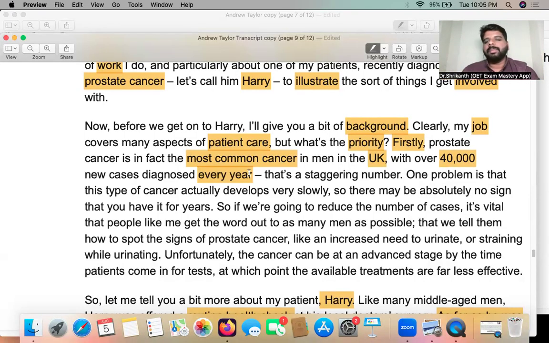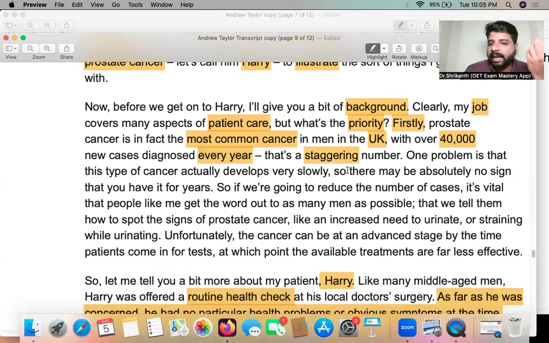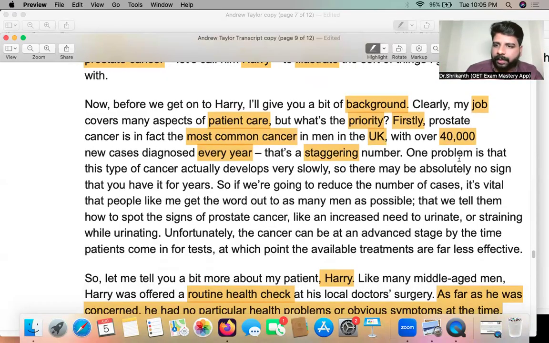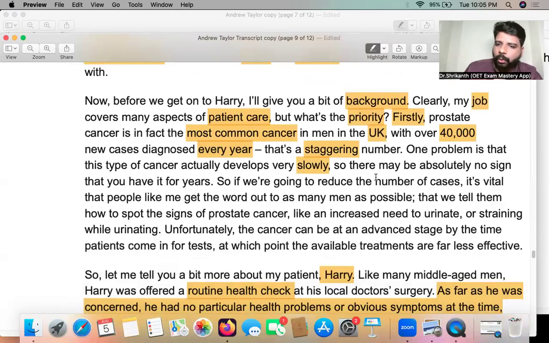There are 40,000 people in the UK itself every single year. That is a staggering number. Staggering means a very enormous, surprising number. One problem, now see, one problem is that this type of cancer actually develops very slowly. Now she is saying this cancer is not very sudden. The development, the trajectory of the disease happens very slowly. So there may be absolutely no sign that you have it for years.